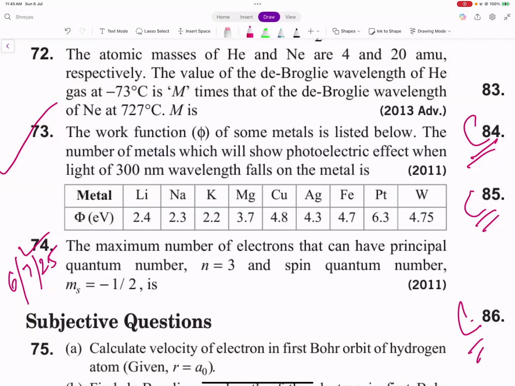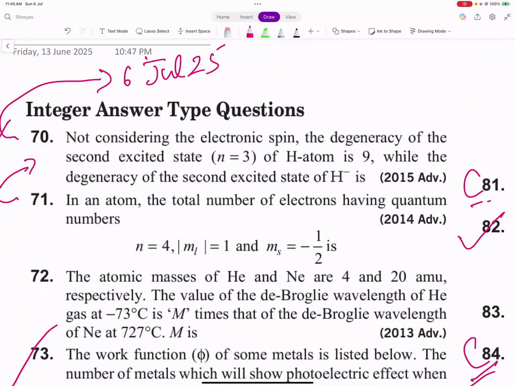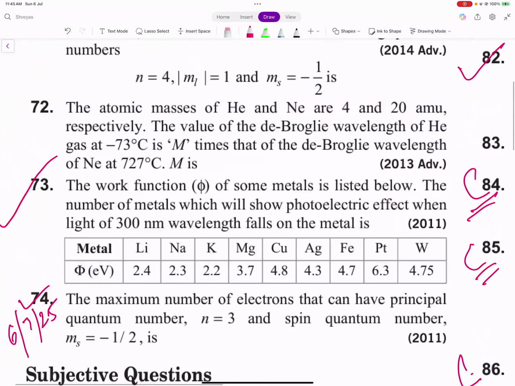See, it is an integer answer type question. So I think only 0 to 9. Okay.